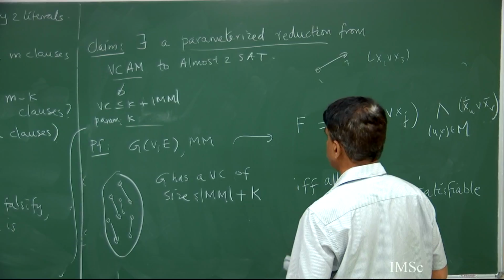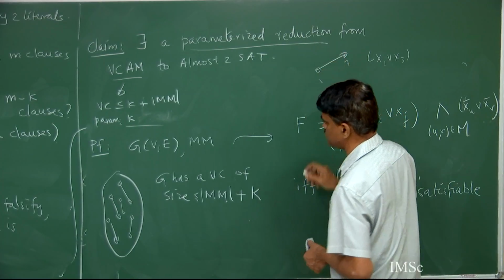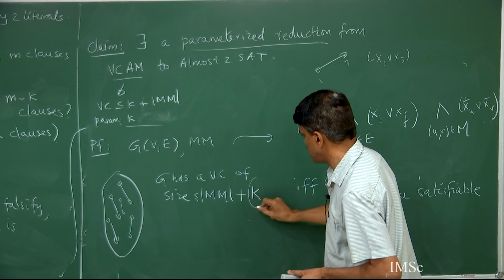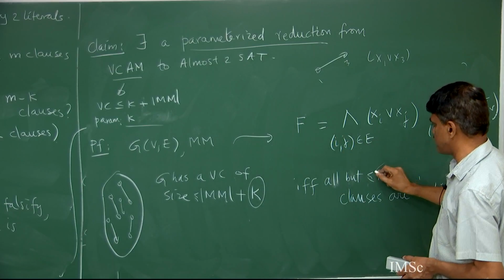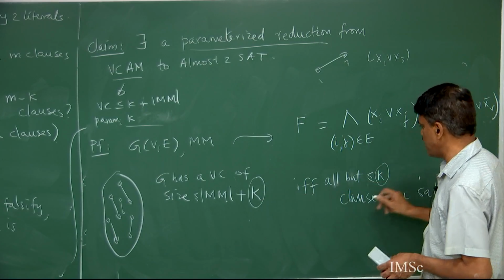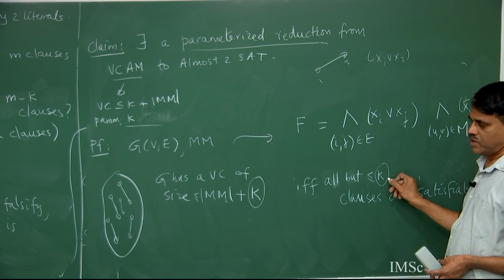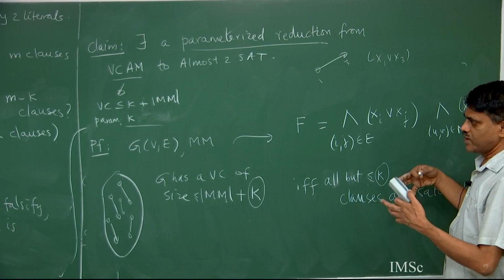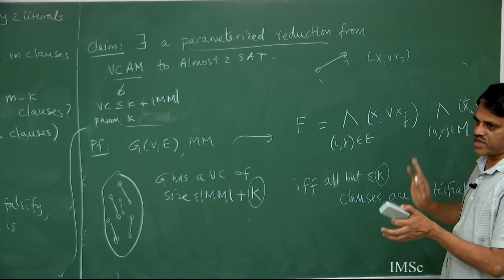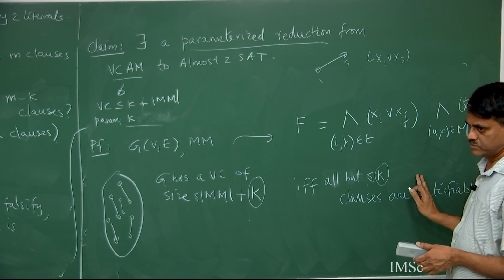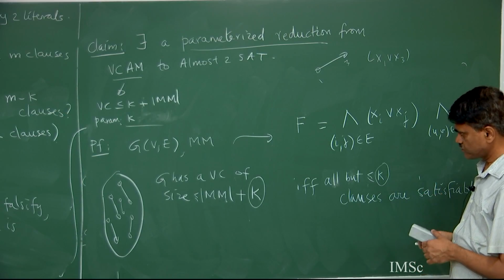So by parameterized reduction, what I mean is that this parameter here is preserved. Somehow the k might become some f of k, but it does not get mixed with the input size or anything like that.